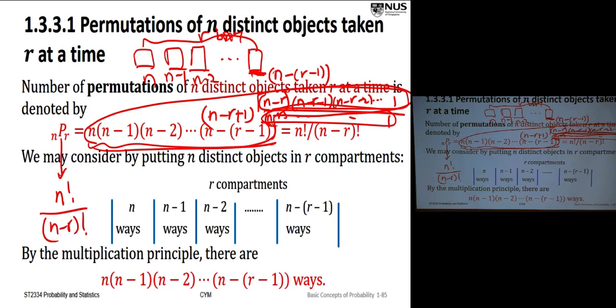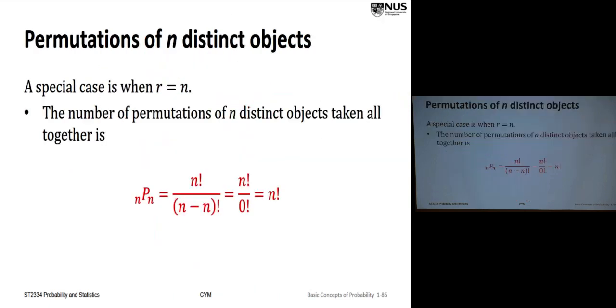How about if I take all N objects and arrange them? That means R equals N. Then it becomes N factorial over N minus N factorial, so the denominator is 0 factorial.